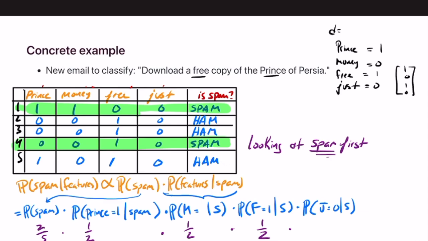Got ahead of myself. The reason why money is 0 and this is 0 is because this is 0 and just is 0.